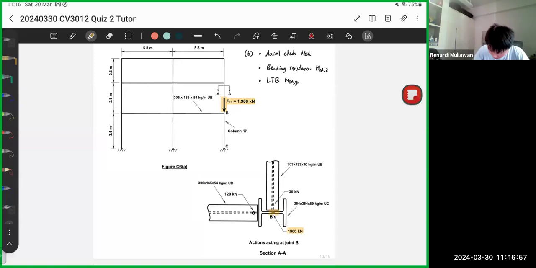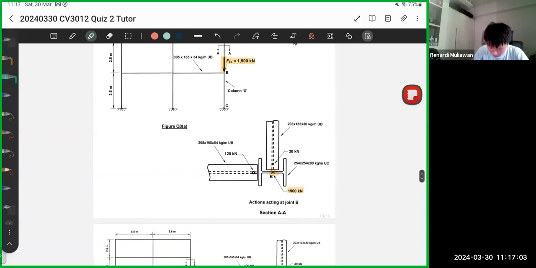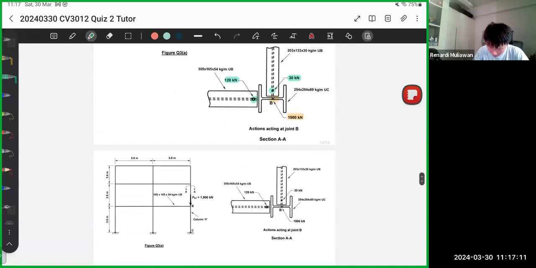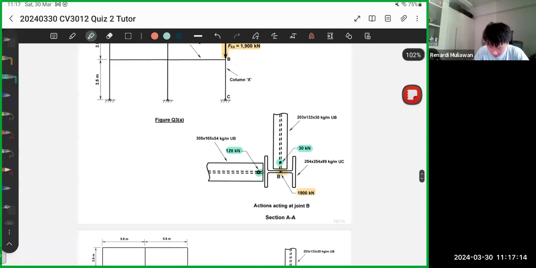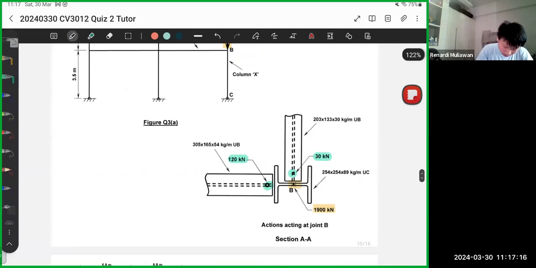And then the reactions of the beams they have given us: 120 acting here, 30 acting here. So we can find the loadings.